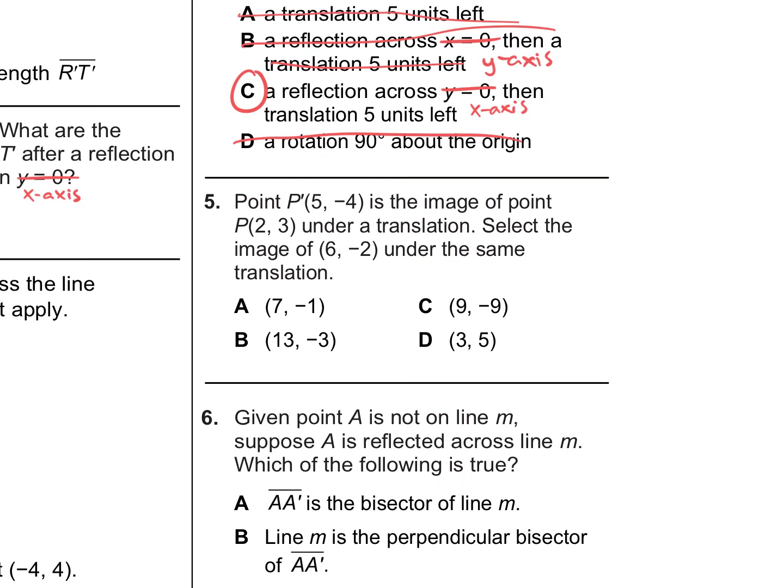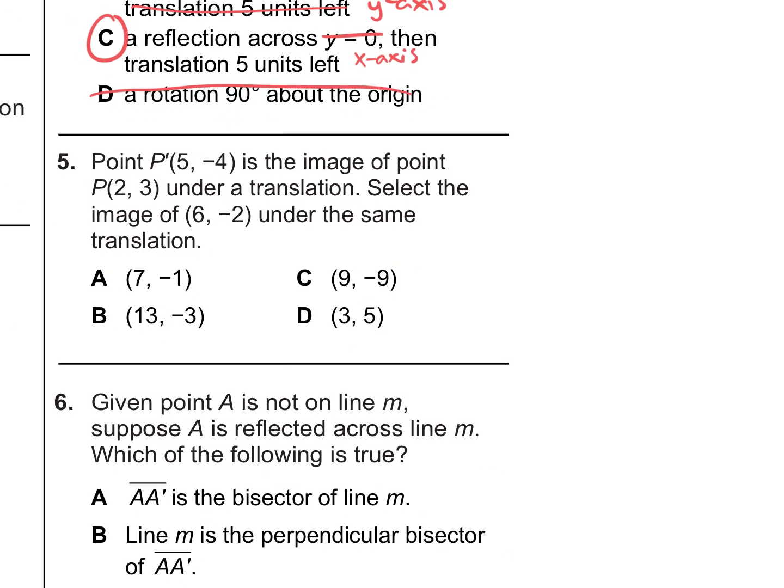Number 5, here, again, if you're a visual person, there is graph paper available to you. I'm going to show you a little trick. Here it gave you the original and the new. And what transformation is happening? Translation, right? That's the one where we see how much we're moving left or right or up and down.